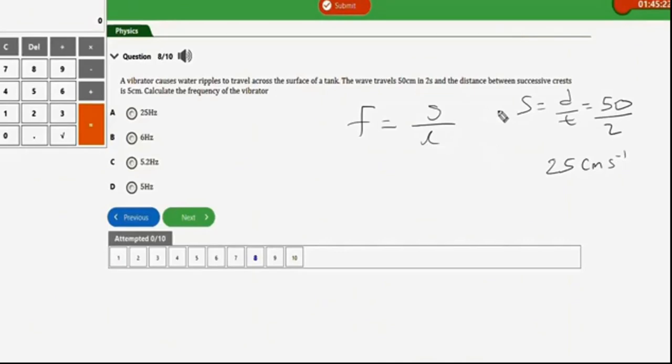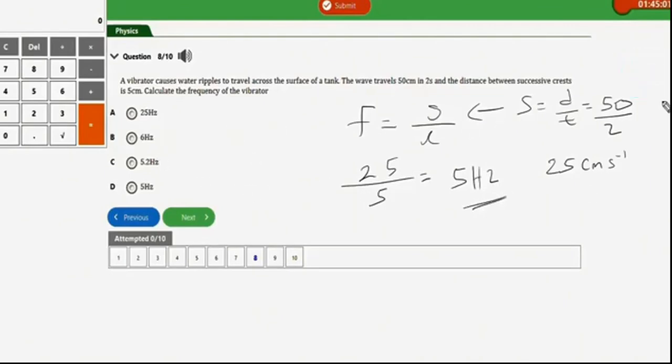So when you plug the value here, you're going to have 25 over the wavelength, which is the distance between successive crests, is 5. So when you divide through, the output will be 5 hertz. And that will be the answer to this question. The correct option is option D.